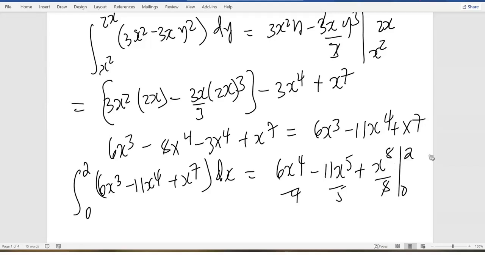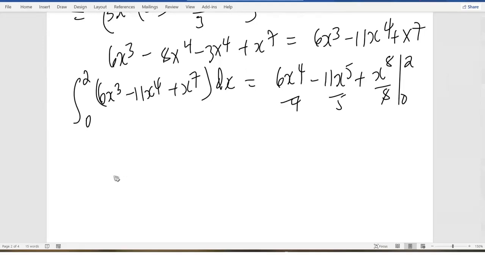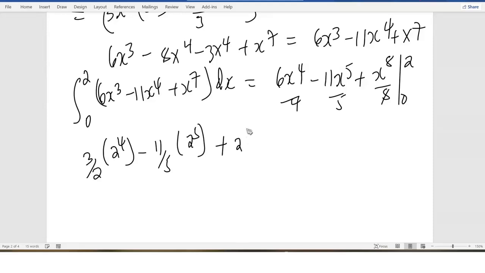Now if I do the evaluation, this becomes 3 out of 2 into 2 to the power 4 minus 11 out of 5 into 2 to the power 5 plus 2 to the power 8 out of 8, then minus 0.